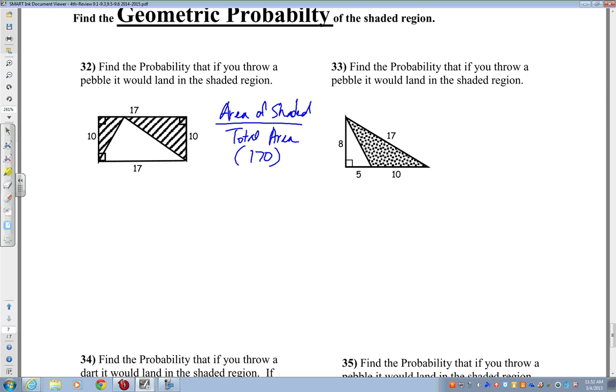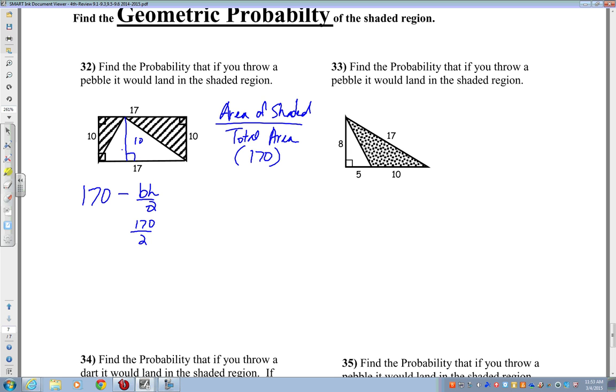How can I get just the shaded? Yeah, we've got to subtract the white triangle. Does that make sense? Okay, so I'm going to take this 170 minus the base times height divided by 2. I'm going to have to subtract this triangle. Now, think about that. If I draw the height, could you see what the height measure would be? Yeah, it's 10. So basically, we're going to do 170 divided by 2.